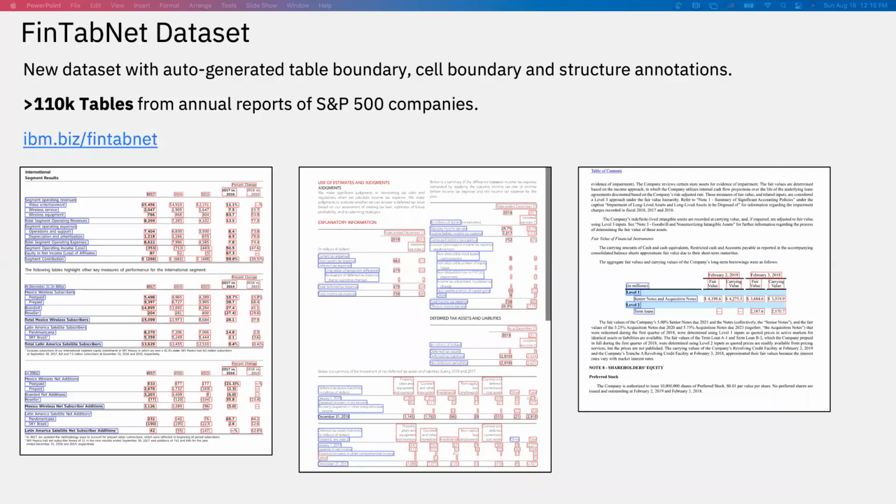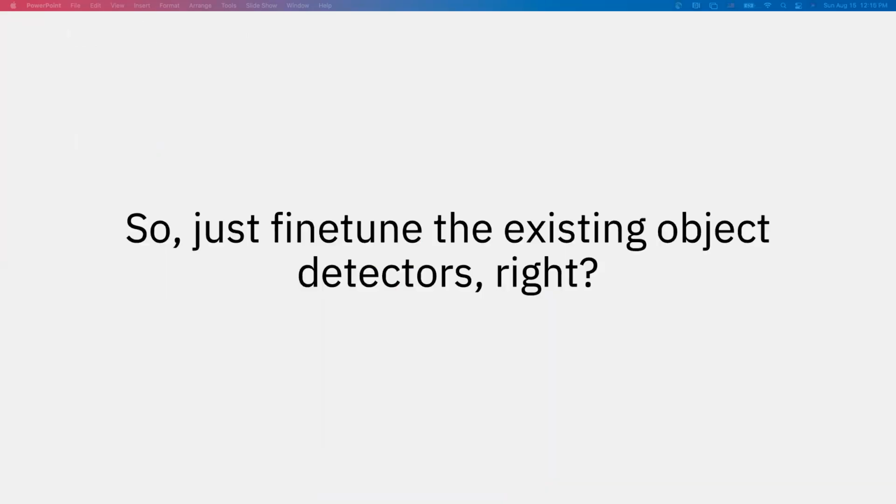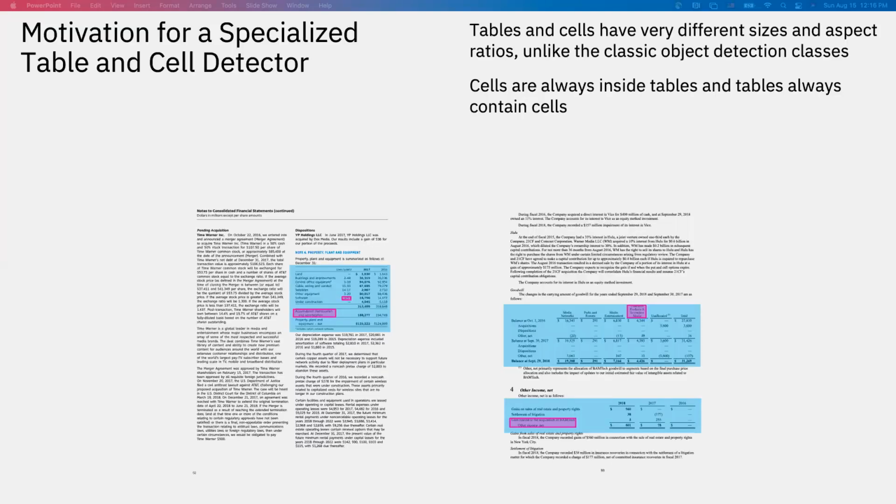So the next question is, okay, there are already existing object detection algorithms and models. We can just fine tune them based on the labeled data, right? But it's not so simple. Let's look at this again. If we think about the traditional object detection task, the objects are generally of similar size.